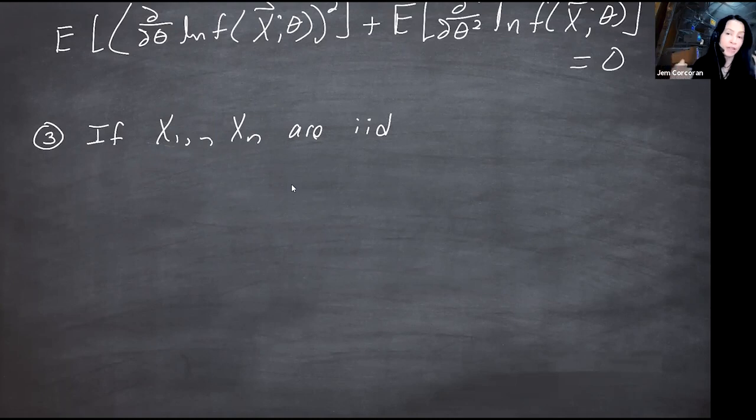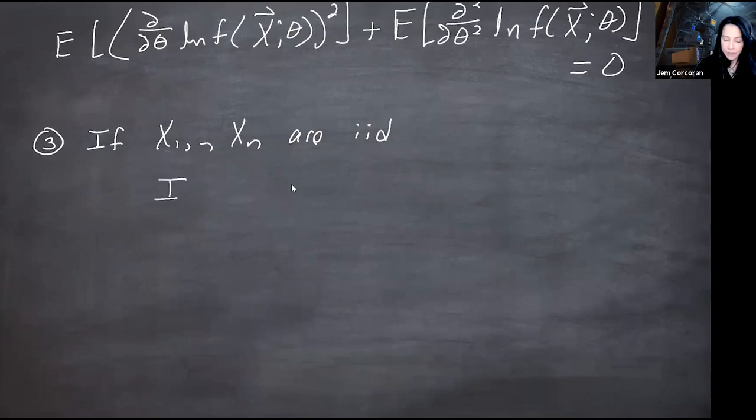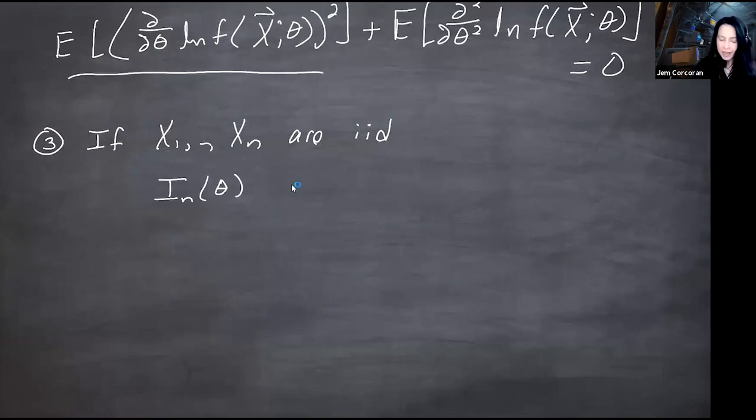They might not even be independent, but you can somehow write down a joint PDF to describe the behavior of the whole vector. But in the case they're IID, the Fisher information, that was the notation for this expectation up here, is n times the so-called one-dimensional Fisher information.